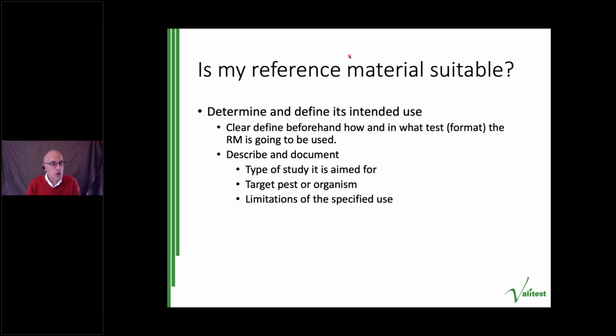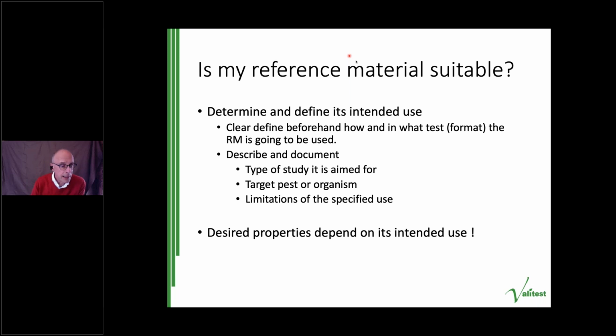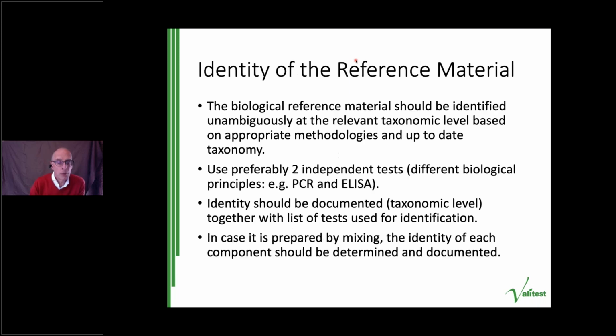So the type of study it's aimed for, the target pest or organisms, and also if there are any limitations on its specified use. For instance, if you know about background reactions in certain matrices for particular tests. And the properties that the reference material should adhere to depend on its intended use. Again, you have different types of tests, and both determine what properties you actually need from your reference material.